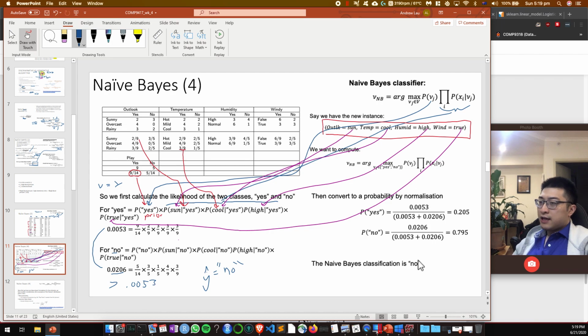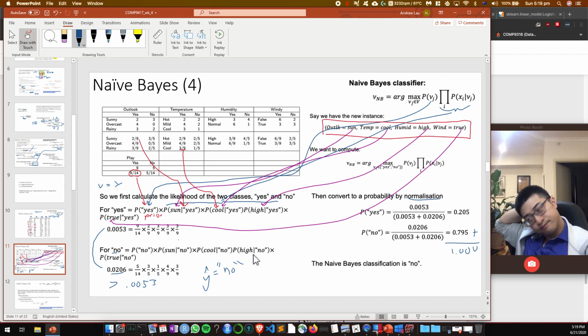If you want, you can normalize it so that it adds up to 1, obeying the law of total probability, but you don't need to for the prediction. If you want the probability, go ahead and scale it by the normalization constant.